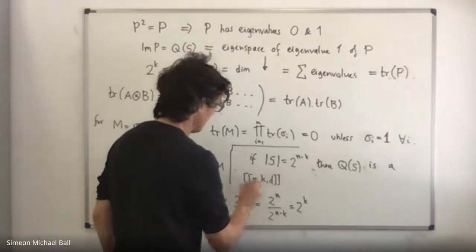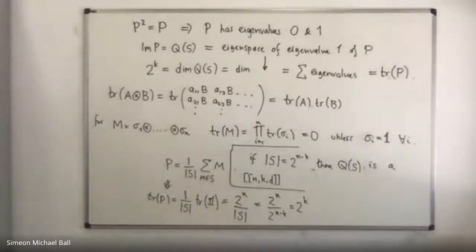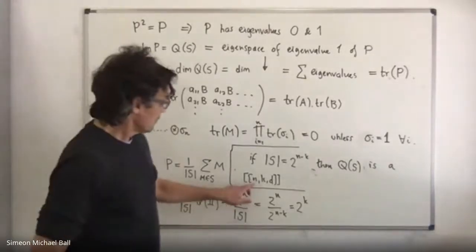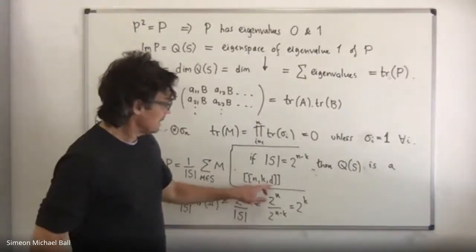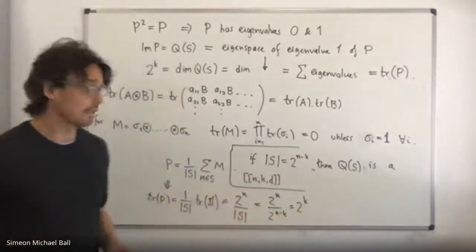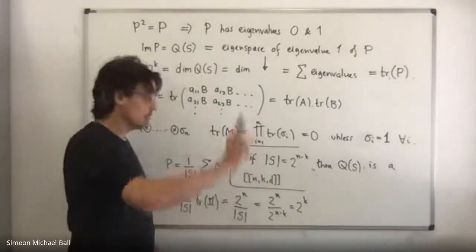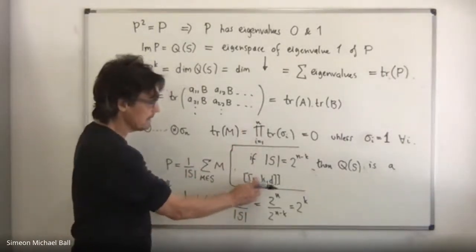And we put these double brackets to distinguish it from a single bracket, which is a classical linear code. So when you see [[n, k, d]], this k, the actual dimension of this thing is 2 to the k. The n is the number of qubits you're mapping onto. So you're encoding k qubits onto n qubits.